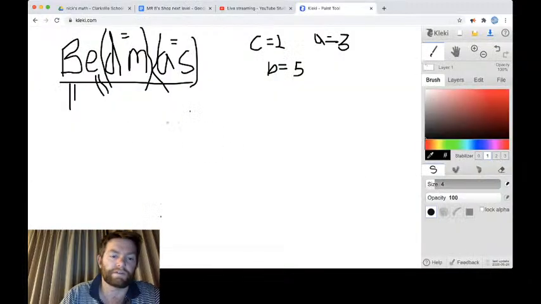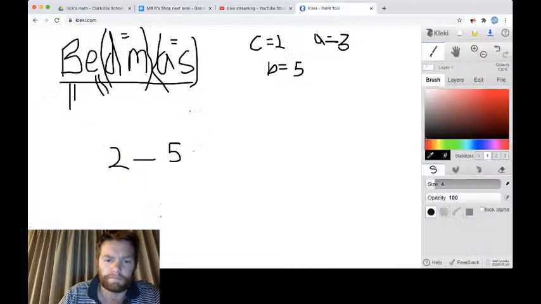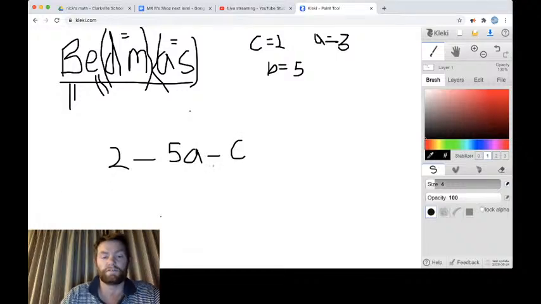Let's write the problem in: 2 minus 5a, was it? Yep, minus c. Now, the order of operations tells us that division and multiplication come before any subtraction or addition.